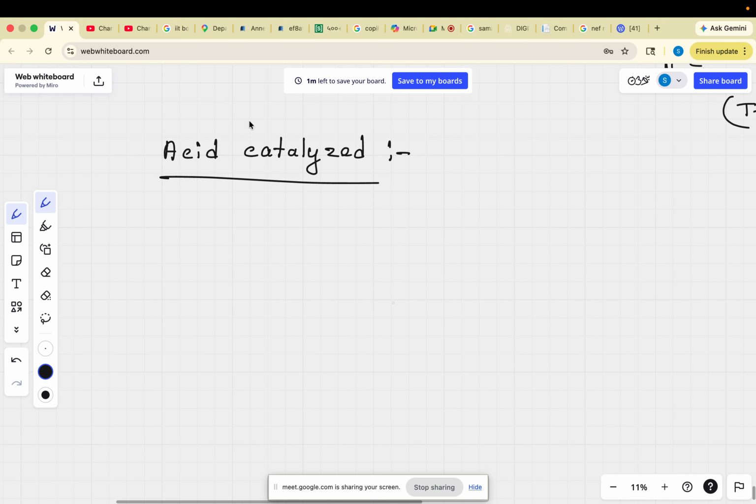So I am giving the same molecule here, only the condition will be different. Suppose you have C3H7, here also you have C3H7, here you have OH, and here you have SiMe3.